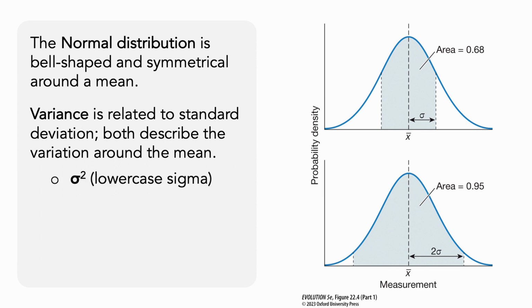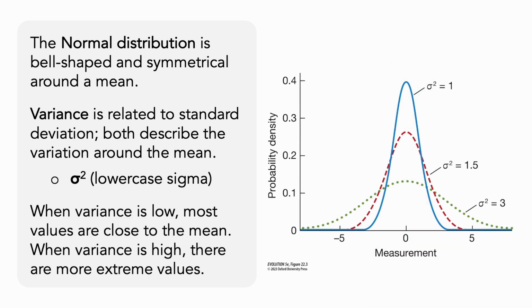Variance is represented as sigma squared. When variance is low, most values are close to the mean. The curve looks tall and thin. Whereas when variance is high, there are more extreme values, so the curve appears relatively stout, shorter and wider.